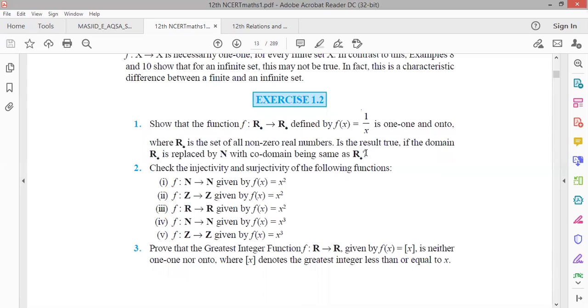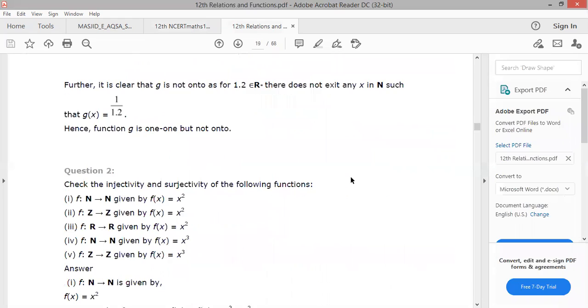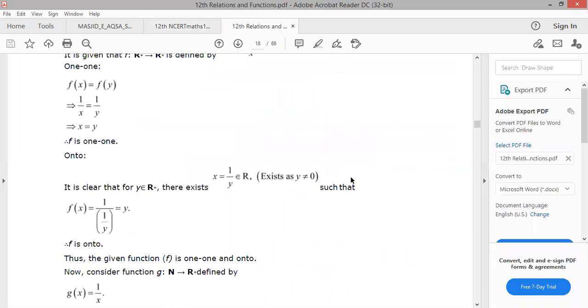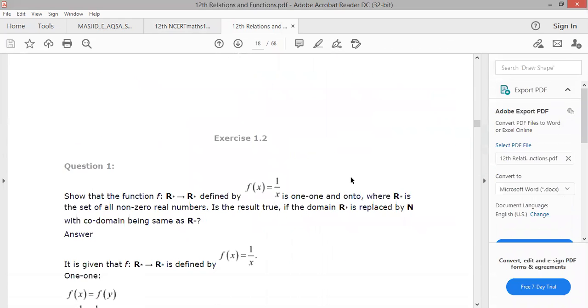Then the question also says, is the result true if the domain R star is replaced by N, with codomain being the same as R star? So let's go to the solution of this. We have here the solution of this question, and I have solved it.